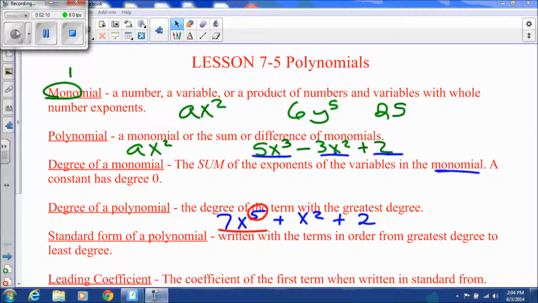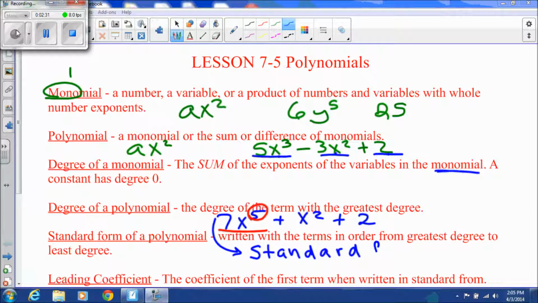The standard form of a polynomial is a polynomial that's written with your terms in order from greatest degree to least degree. In the example above, 7x to the fifth plus x squared plus 2 is written in standard form because we have the term with the greatest degree first.